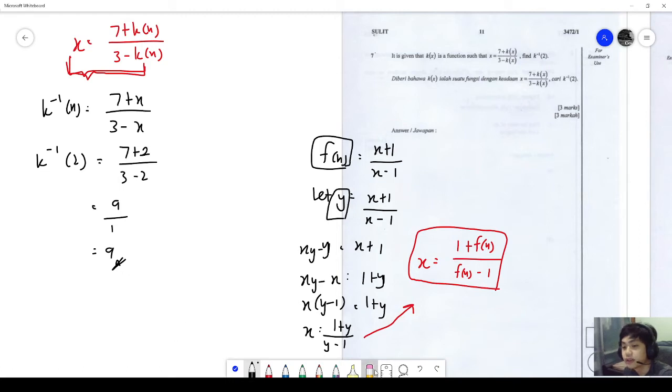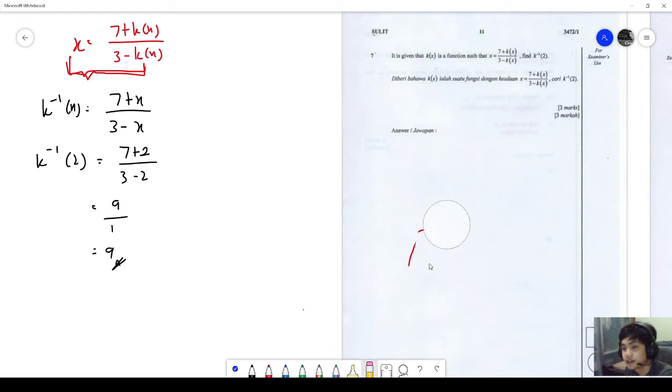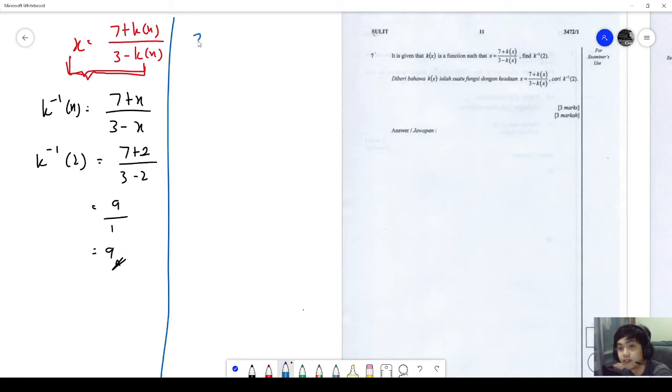So there is no harm in finding the function of k first. If you want to make k the subject, you end up with 3x minus x k(x) equals 7 plus k(x), and then 3x minus 7 equals k(x) plus x k(x).